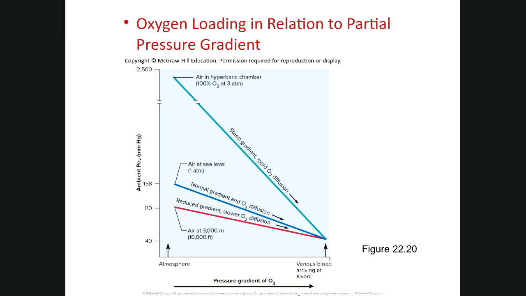This is pressure gradient of oxygen, and this other part is your ambient pressure. You can see a downward trend in the gradient in oxygen diffusion and a reduced gradient as the oxygen slowly diffuses.